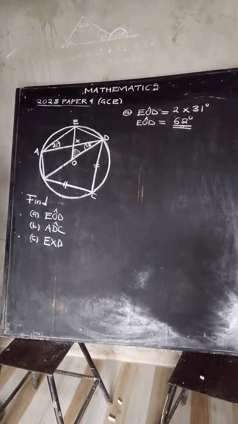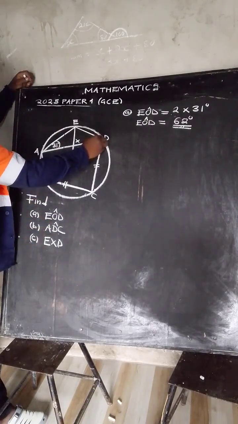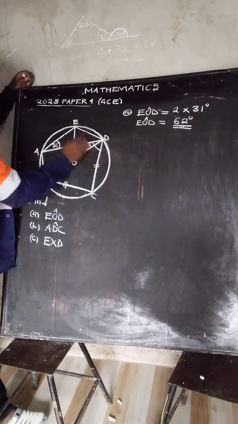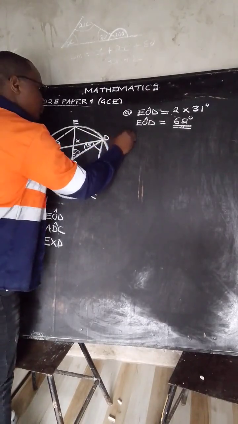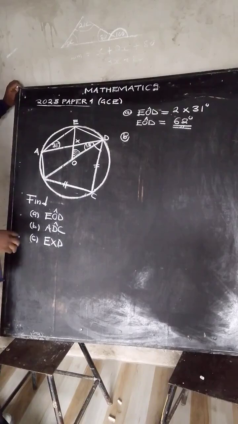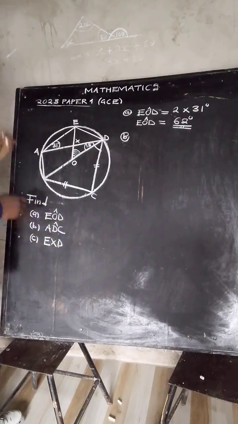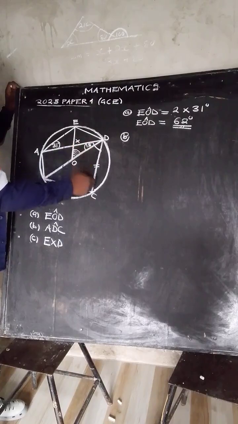Then let's look at question B. Find angle ADC. Meaning they want us to find this angle. To find angle ADC, we are first going to consider this triangle, which is an isosceles triangle.